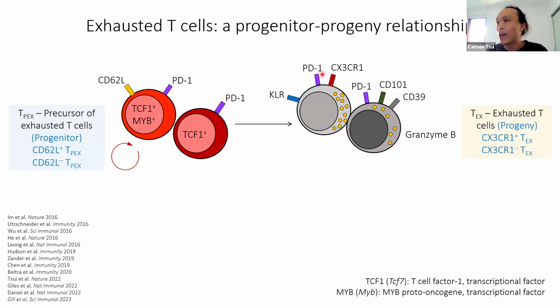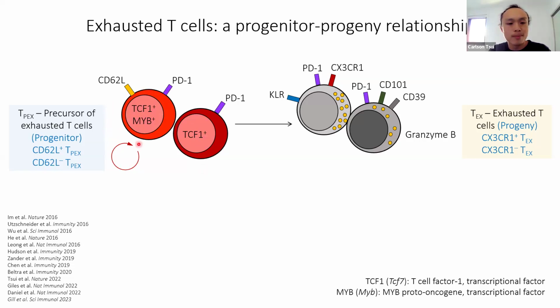There is heterogeneity within the pool of T-PEC cells and also the TX cells. There are actually different models of how T-PEC cells are subsetted, but in our lab, we discovered that we could segregate T-PEC cells based on the surface expression of CD62L.